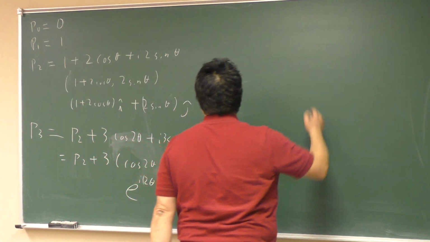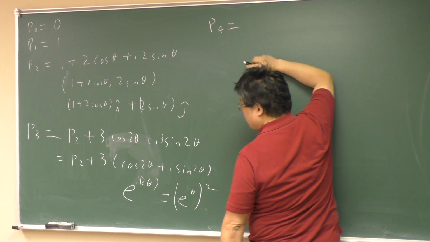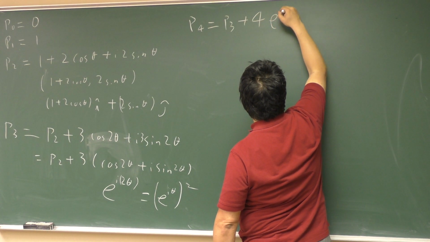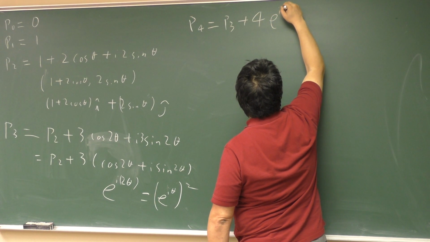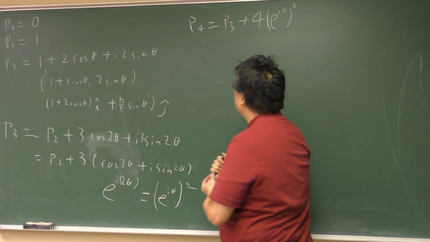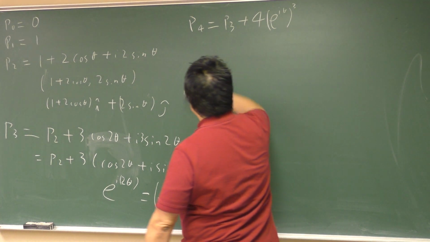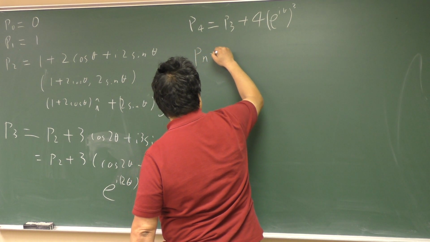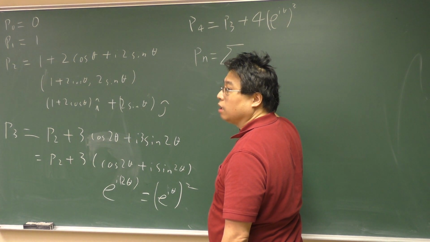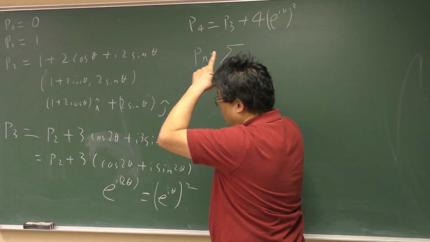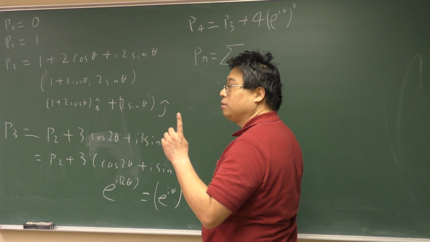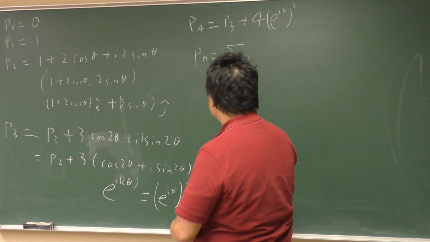So, p to the 4, you can think of it as whatever p to the 3 is, plus 4 times e to the i theta cubed. If we start writing it like this, then we can actually say p to the n using summation as, let's see, I use k, I don't want to use i or j, I want to save n for something else.